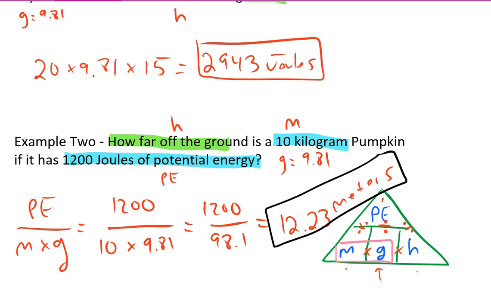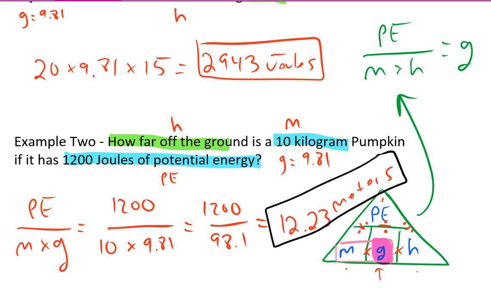If it's looking for gravity, all you do is cover up the g in our equation. And so if you were looking for gravity, you would do potential energy divided by mass times height gives us our gravity. So that's how you do the ones that might mess with you a little bit.